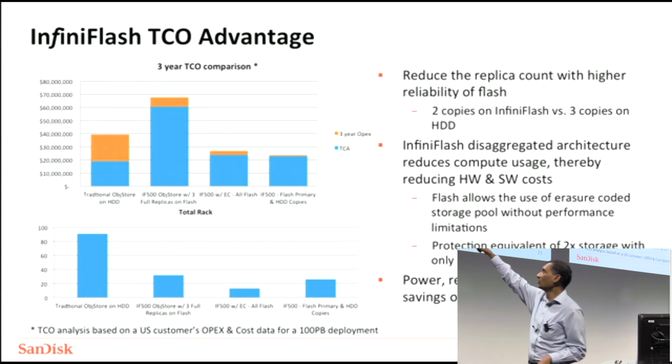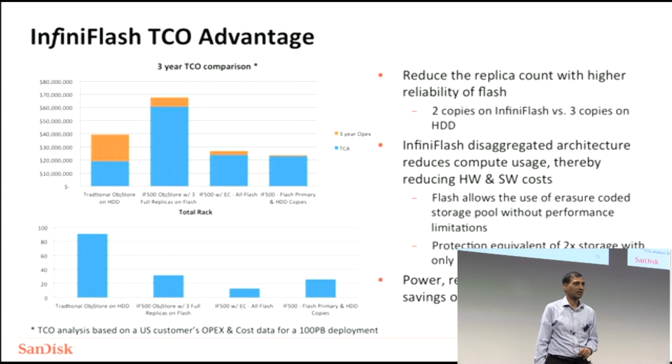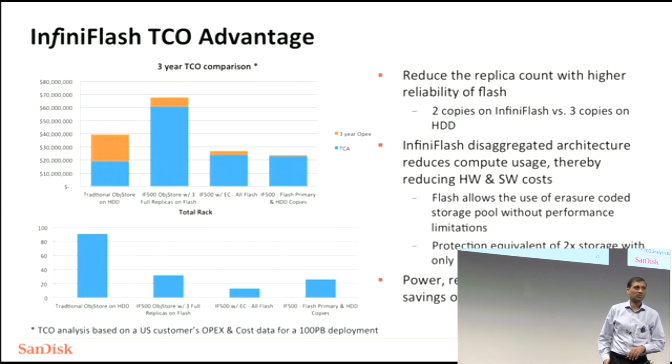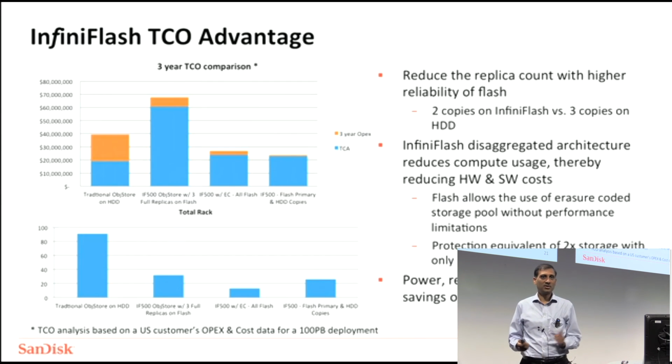They figured those SMR drives in the last option are going to be just passive write devices, so they didn't feel there's much OpEx in there. If you need more details, I can cover this in an offline discussion, but I just want to give you a glimpse of how it looks.